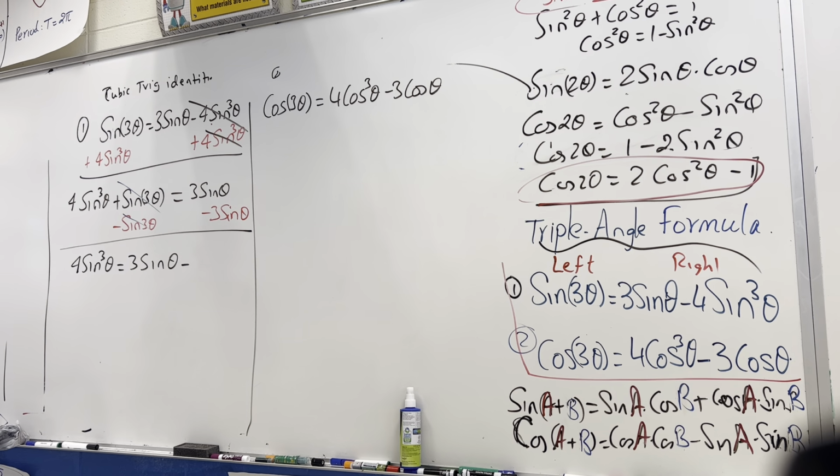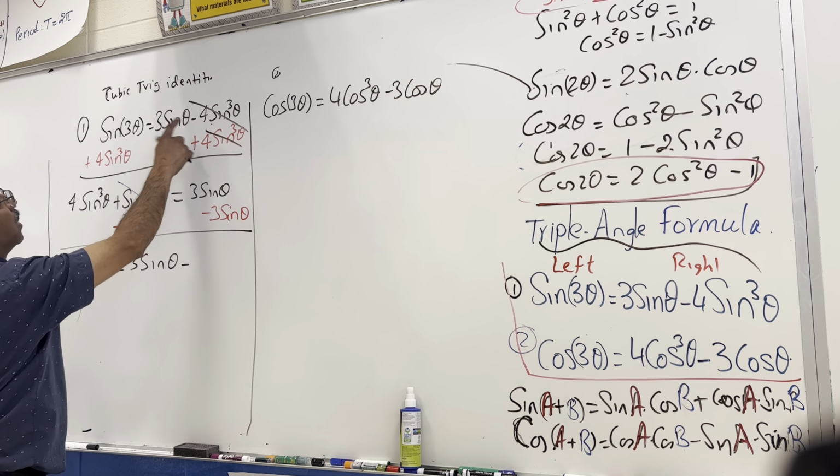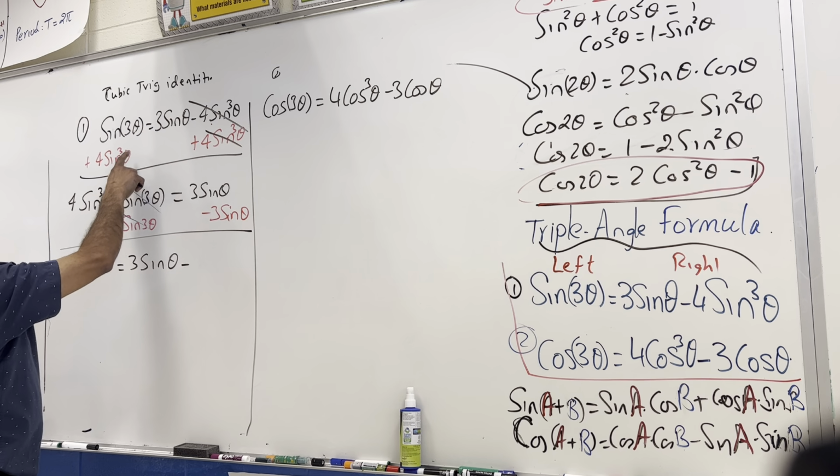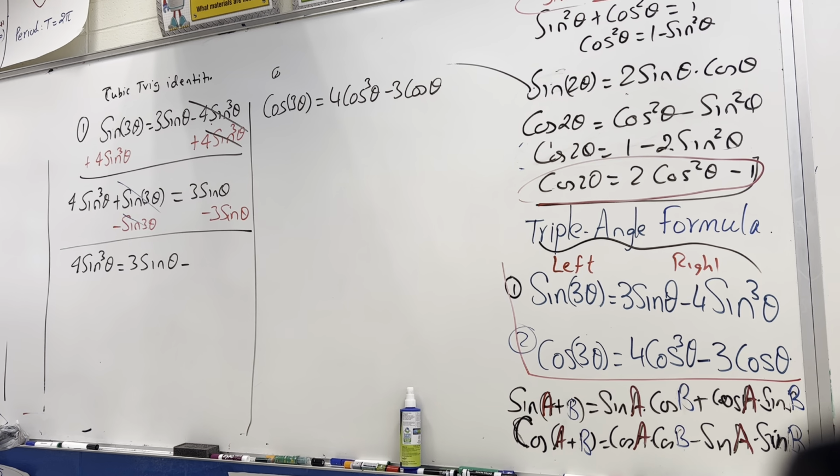Somewhere I made a mistake. 4 sine cube plus sine 3 theta equals 3 sine theta. I made a slight mistake. Let me check.